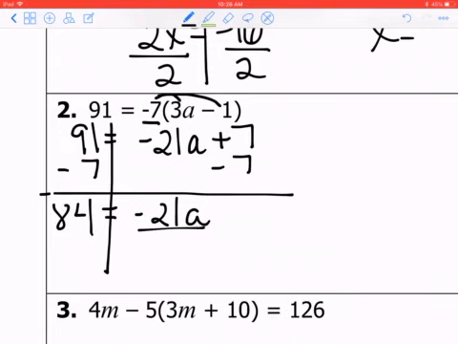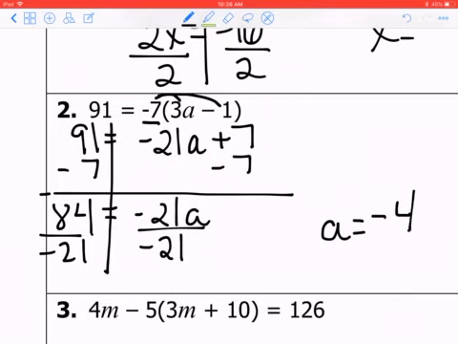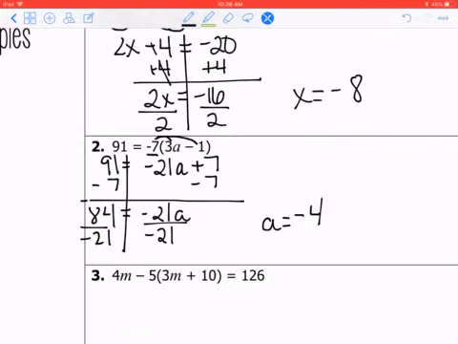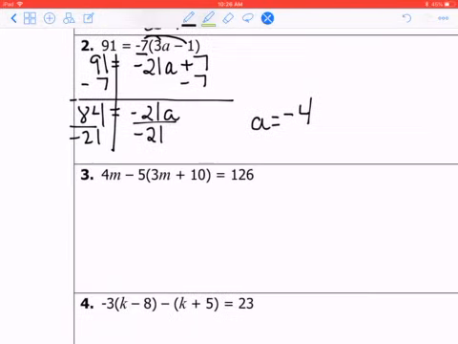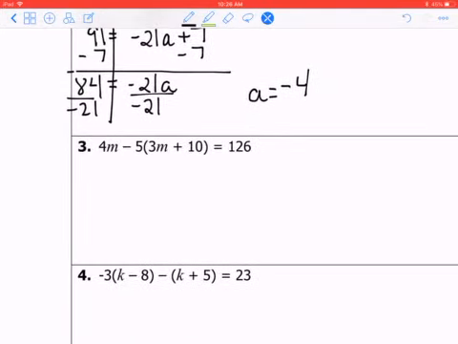Then you're going to divide by negative 21. Okay, and so then our answer should be a equals negative 4. Okay, moving along, let's go ahead and skip down to number 3.